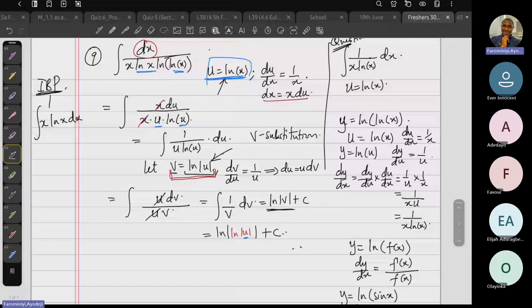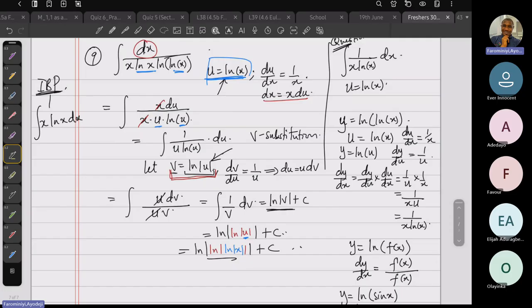So we can rewrite this as natural log of, what is u? Natural log of x, plus c. Is it better now? Good.